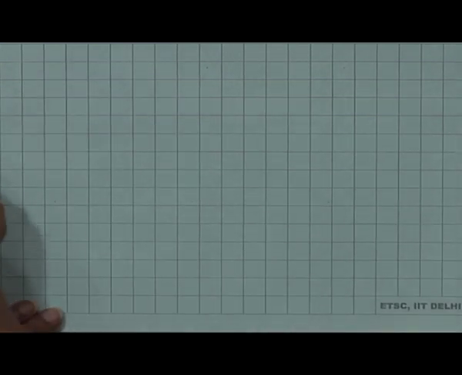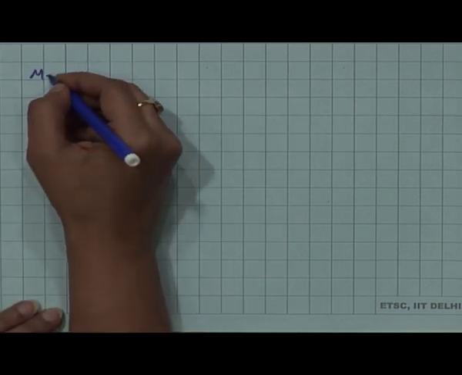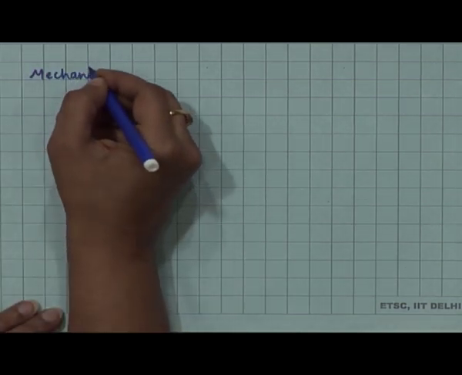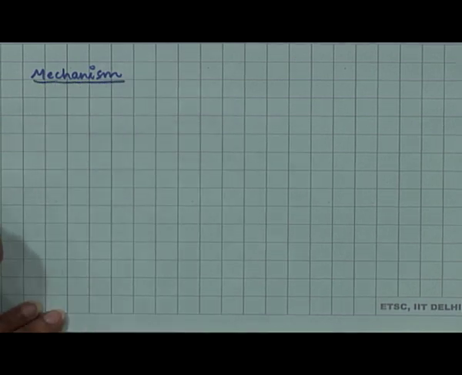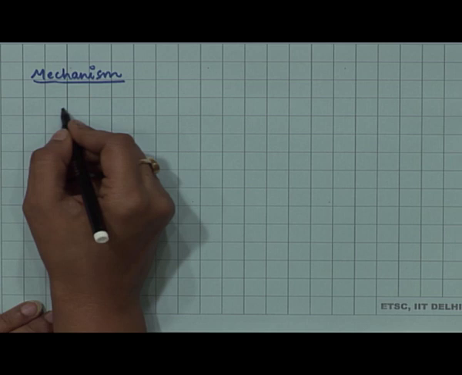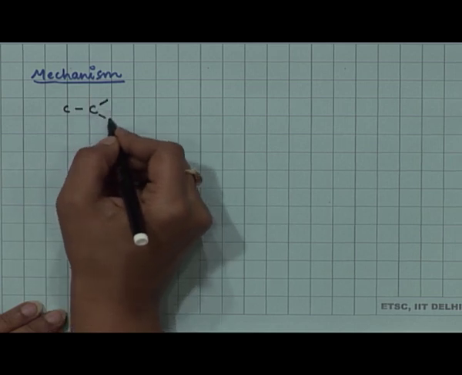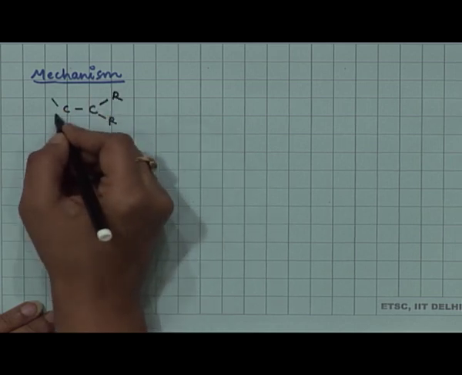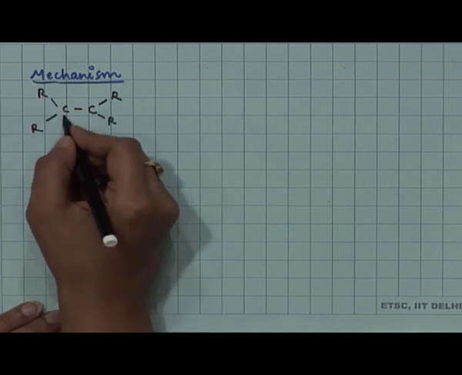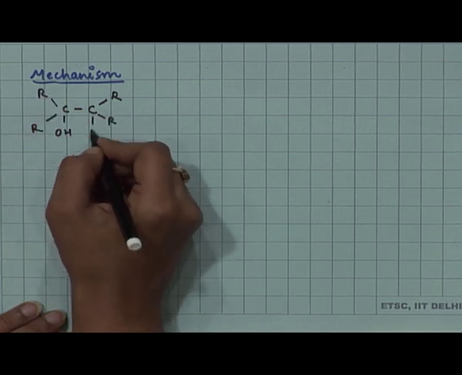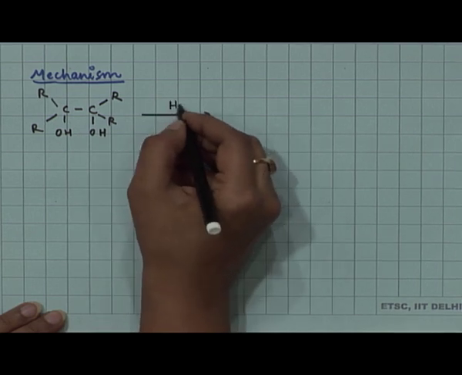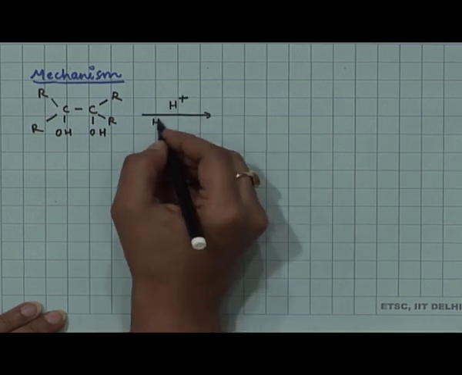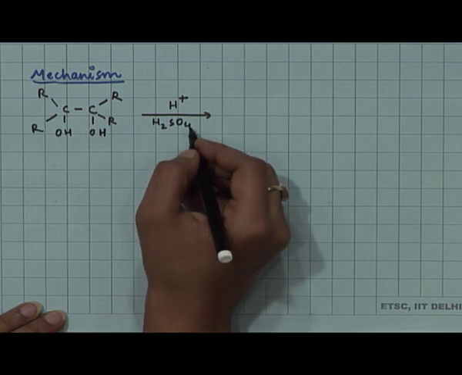Let us briefly analyze what is happening through this reaction. So, what is the mechanism of this reaction, which is carried out in the presence of concentrated H2SO4? So, you are starting with your di-tertiary diol, and you are treating it with the acid. Okay. You are subjecting it to acidic conditions.